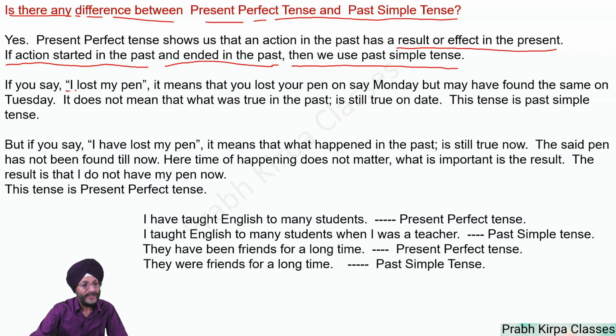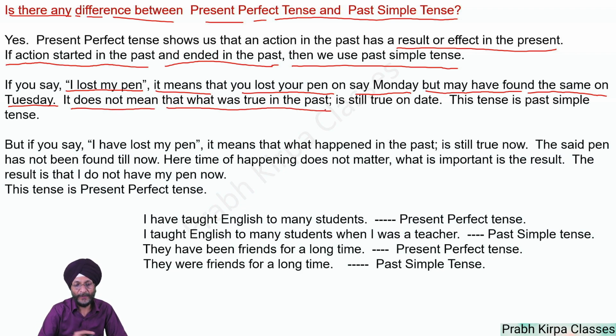If you say, I lost my pen, it means that you lost your pen on, say, Monday. But it is quite possible that you may have found the same the next day, that is Tuesday. It does not mean that what was true in the past is still true today, as you have found the pen.